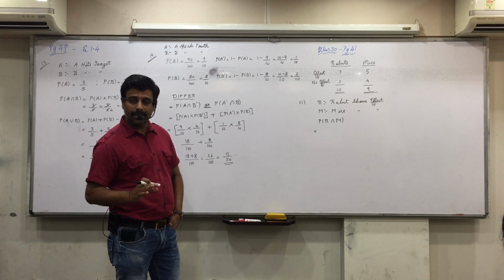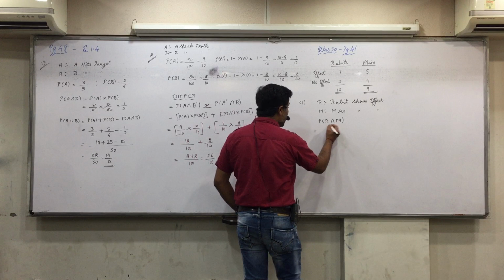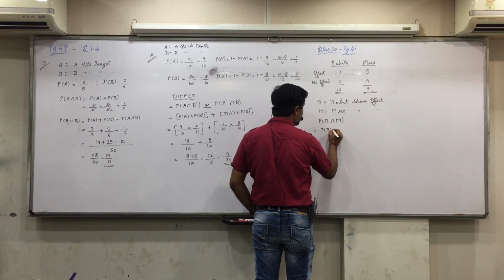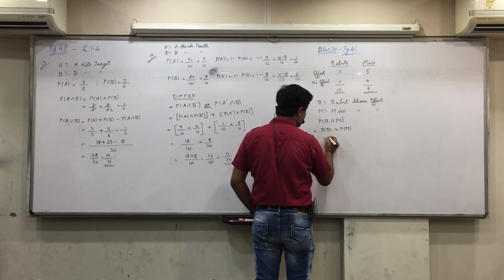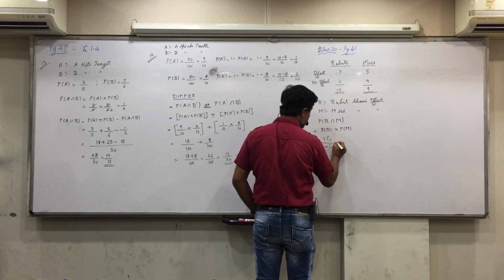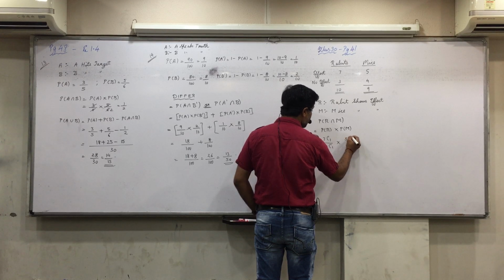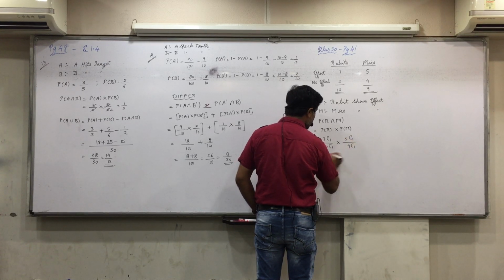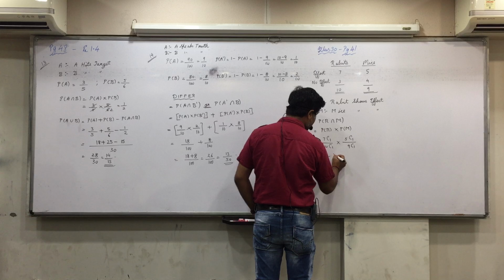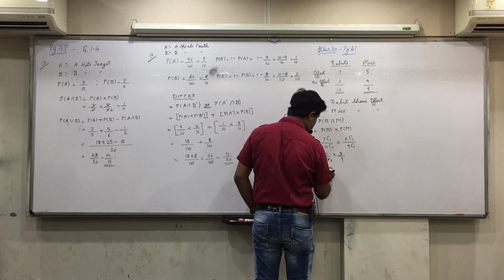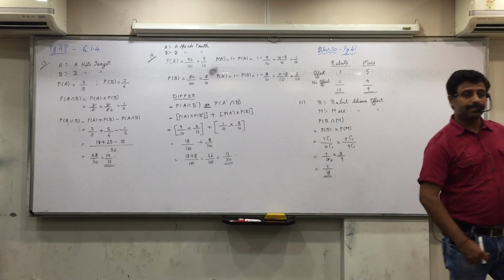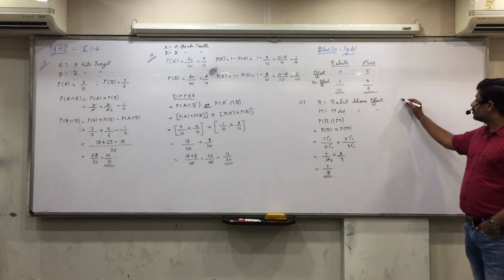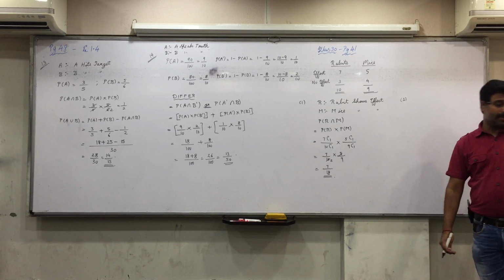So R intersection M. Below that I wrote P of R intersection M, that is P of R into P of M. What is P of R? 7C1 upon 10C1. What is P of M? 5C1 upon 9C1. 7 by 10 into 5 by 9, 7 by 18. Any doubts with this? All are clear with it?